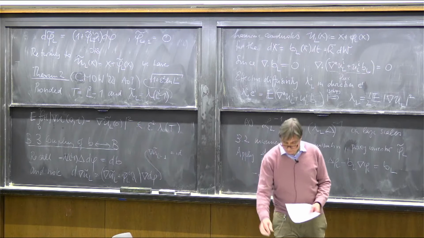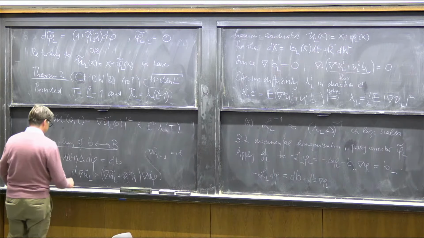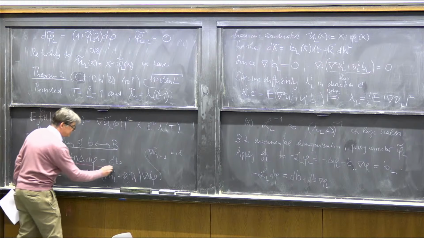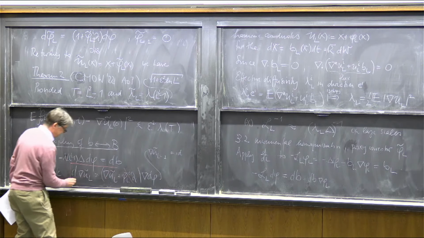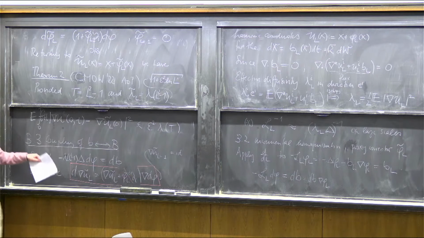And now what I hope you still can see is that this here exactly is, if for a moment I neglect this term, the type of equations we were looking at on the level of the diffusion, right?